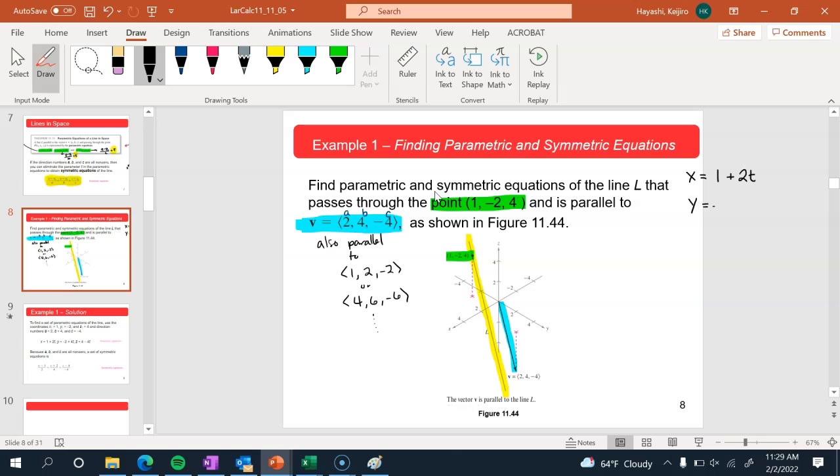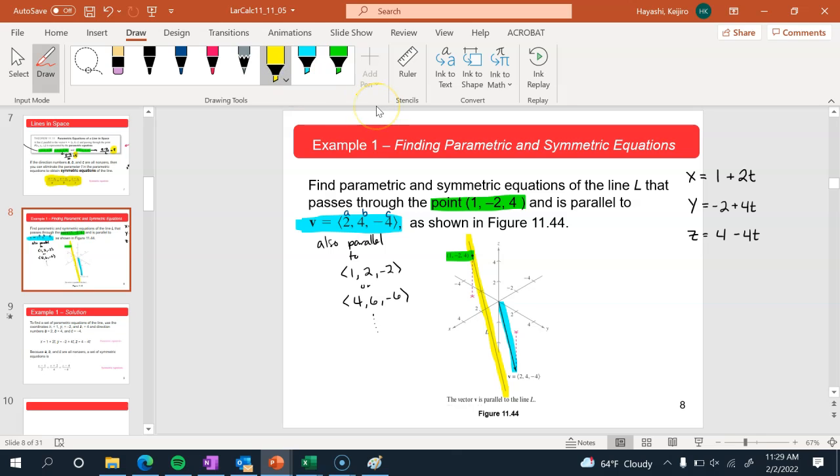You're going to start with your initial value of y, the point, and you're going to add 4 times t to describe the degree to which it moves in the y direction, again from the directional vector. And z, you're going to start with the initial value for z, from the point that you know. So that's an initial z value of 4, and to that you're going to tack on a minus 4t.